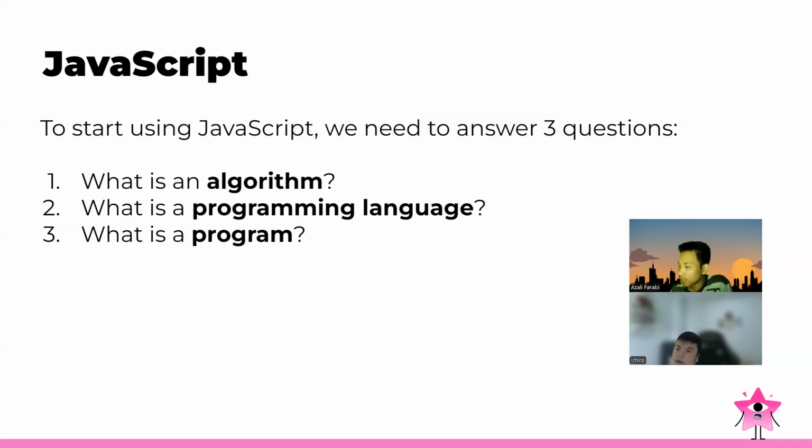Programming language is a language communicated with the computer. Oh, that's a great definition. And 100% for you. And the last one, a program. What does it mean?